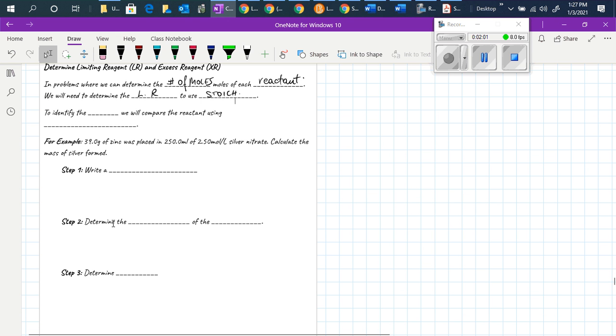When we have 39.0 grams of zinc placed in 200 milliliters of 2.50 moles per liter silver nitrate, calculate the mass of silver formed. As the very first thing, and as we have done pretty much every time, we write a balanced chemical reaction.